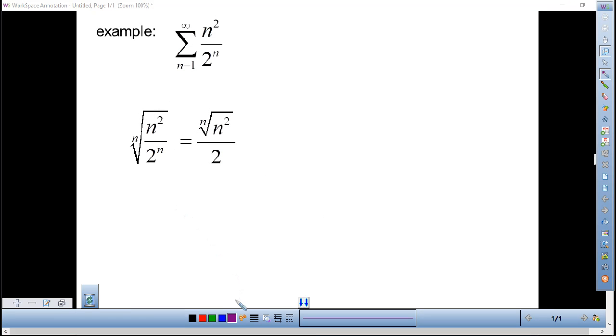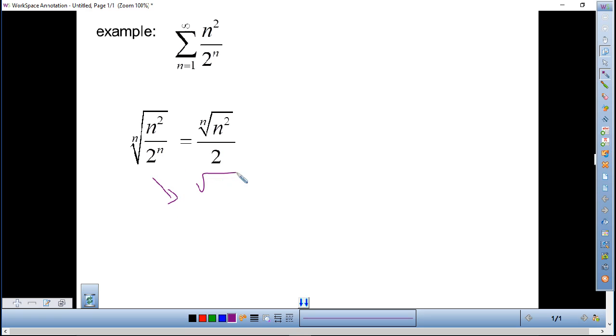All right, so let's look at an example here. We have the sigma notation n equals 1 to infinity of n squared over 2 to the n. We're going to do the nth root test for this. So we take the nth root of a sub n, here's our a sub n, and notice on the bottom when we split this thing up, let me write an intermediate step in here for you.